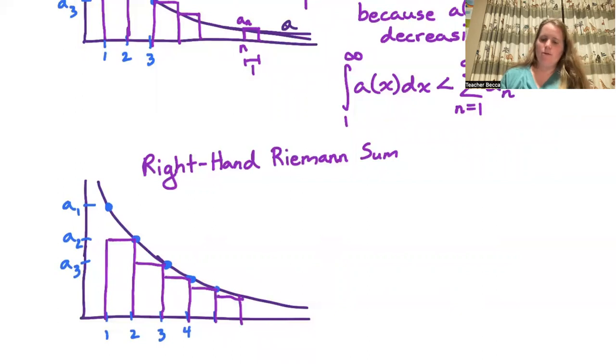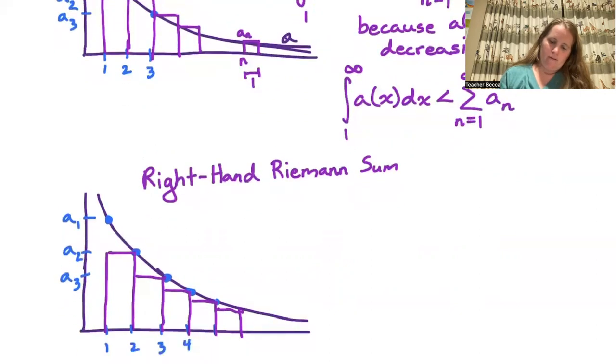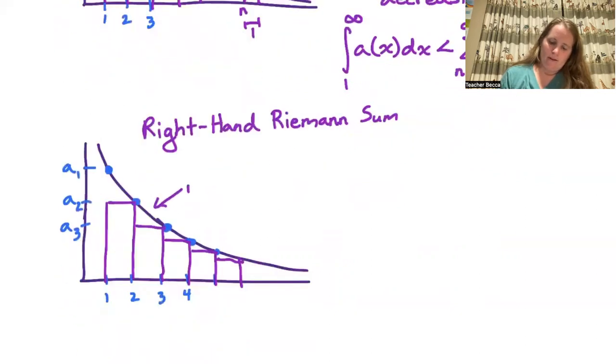So this one is going to underestimate. We're going to underestimate the integral from 1 to infinity of a of x dx.